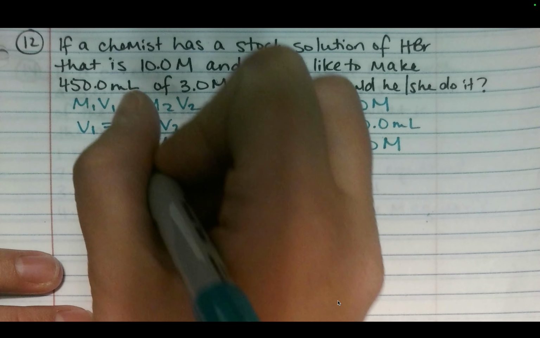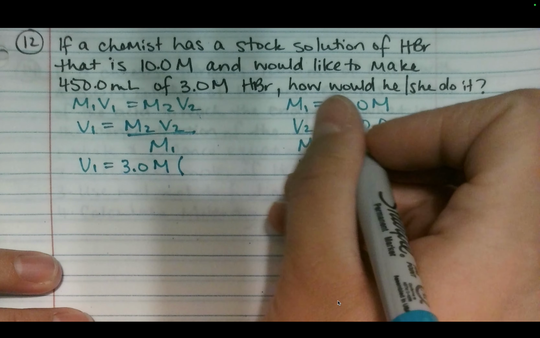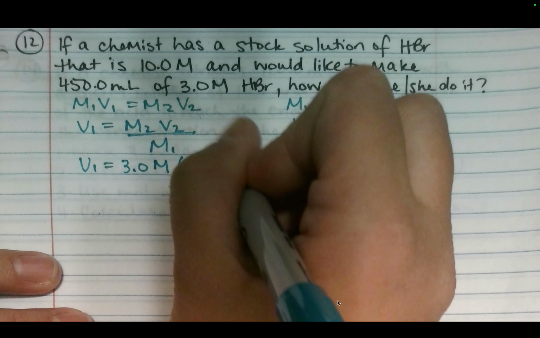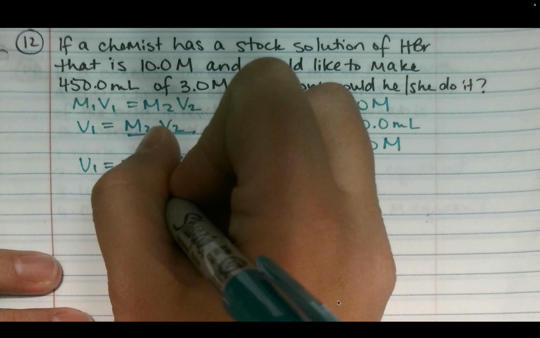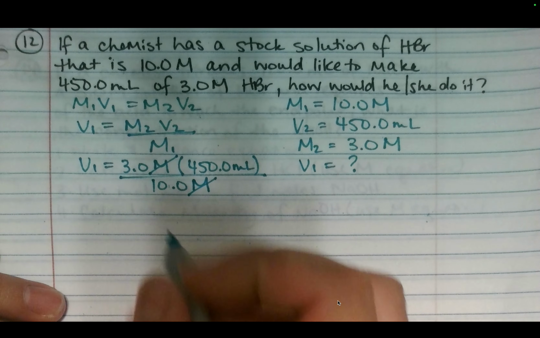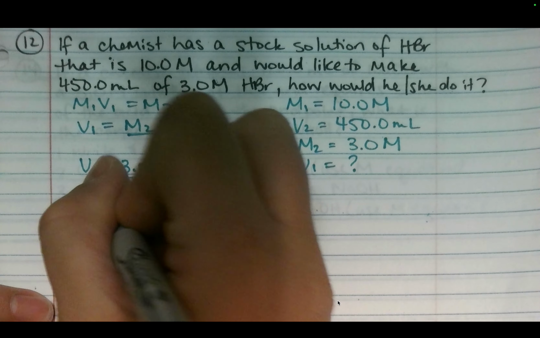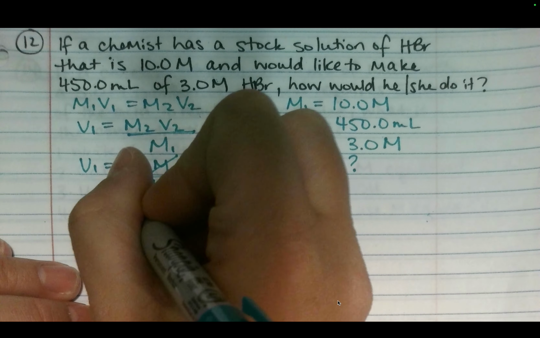So M2 is 3 molar, V2 450 mL, M1. Check your units. My molarity is going to cancel and I'll be left with milliliters, which makes sense if I'm solving for a volume. So plug it into your calculator. And I get 135 milliliters.